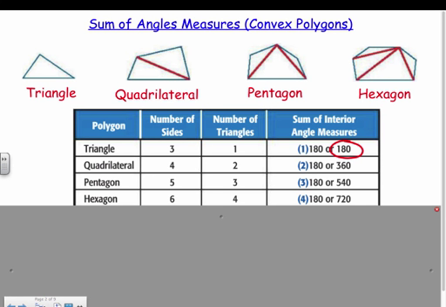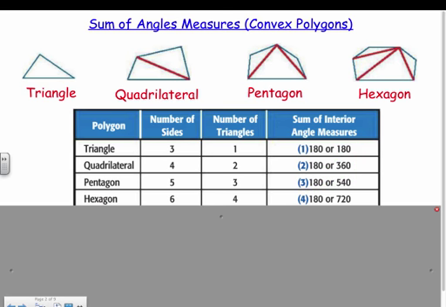So if you look at all these angle measures, the quadrilaterals added up to 360, 2 times 180. Pentagons added up to 540 because we took 3 times 180. So really we're just taking 180 times the number of triangles that's inside, right?